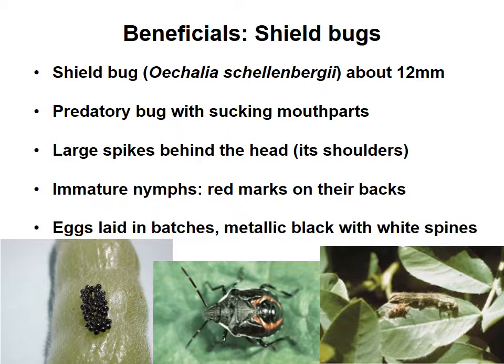Eggs are usually laid in clusters of multiples of 14 and they're metallic black with white spines around the rim of each egg. The photos shown here show the eggs, the nymph, and an adult feeding on a caterpillar.